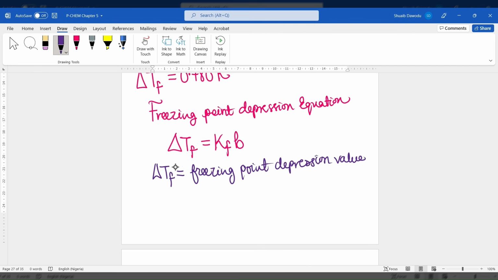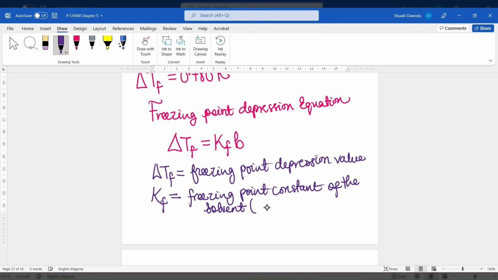So that is the value. Then K sub F is simply the freezing point constant of the solvent here. Like I said, the solvent is always going to be the higher quantity, which is simply going to be the freezing point constant of naphthalene. And then the last thing, B, is just the molality of the solute.